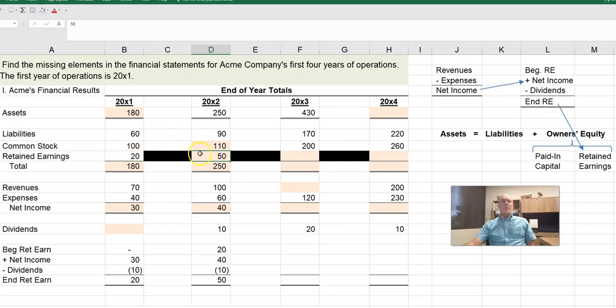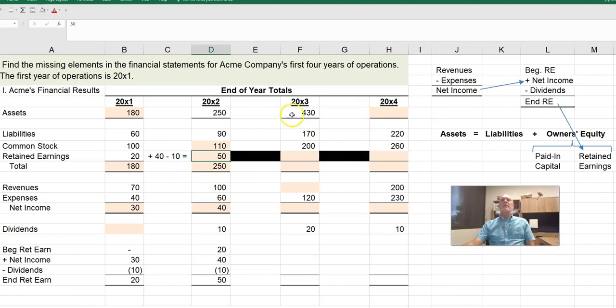I've got a little bridge here for retained earnings just to illustrate how what we summarized down here on the statement of retained earnings you could think of up here. The beginning retained earnings, to get to the end, we added 40 of net income, subtracted our dividends, and that's how we got to the 50. Okay. Let's move into year 3.